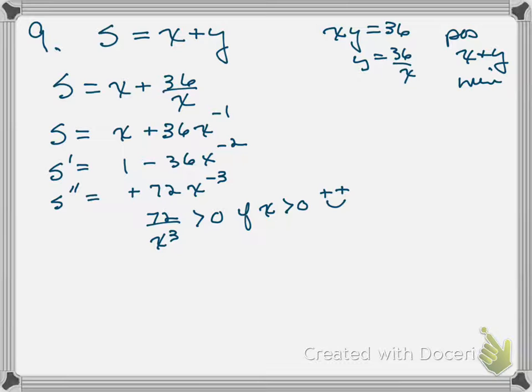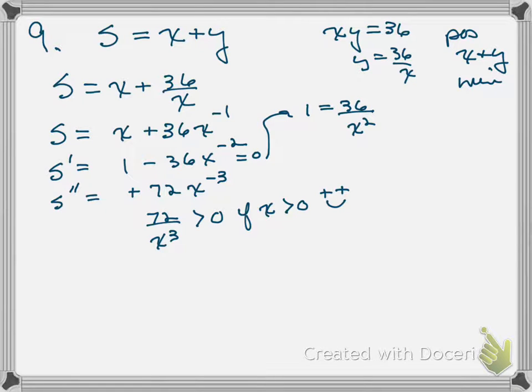And then my next thing I'm going to do is get my critical value. So a point to consider, having negative exponents is awesome for taking derivatives. It's not so good for getting critical values. So the first thing I'm going to do is I'm going to say that 1 equals 36 over x squared.